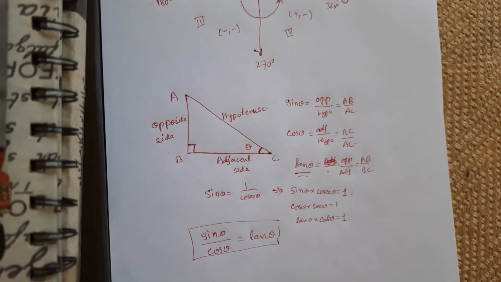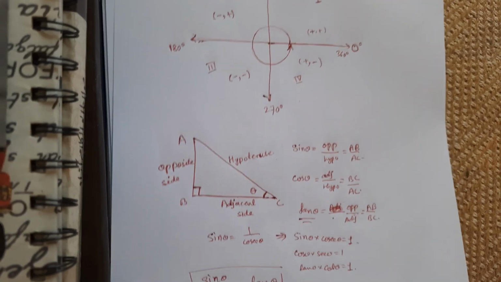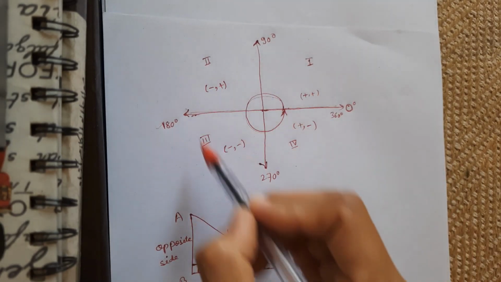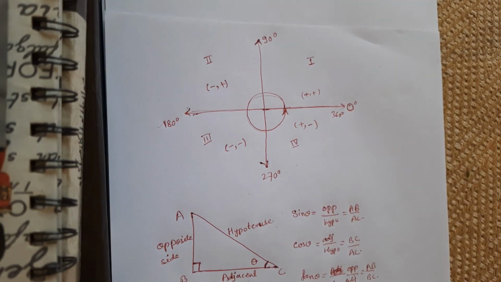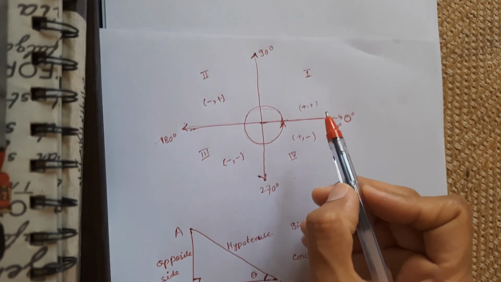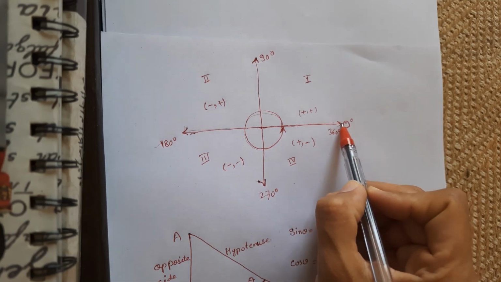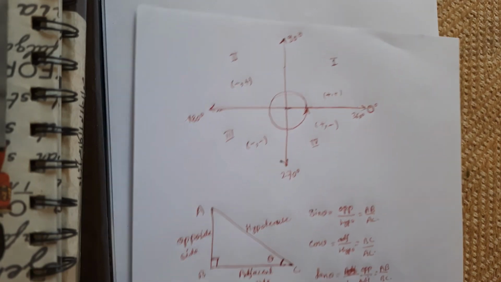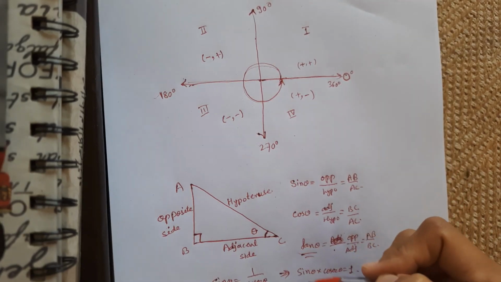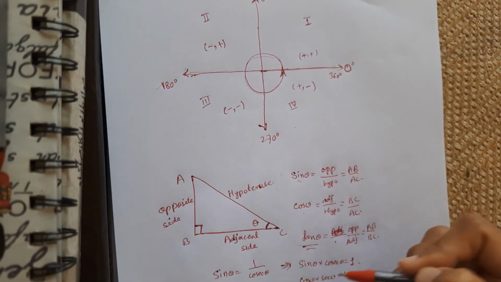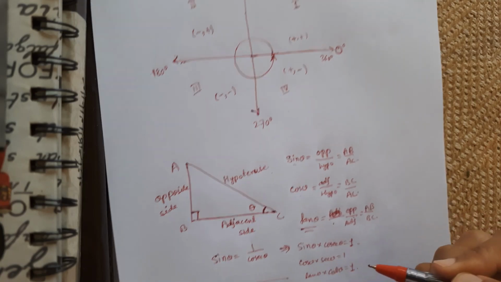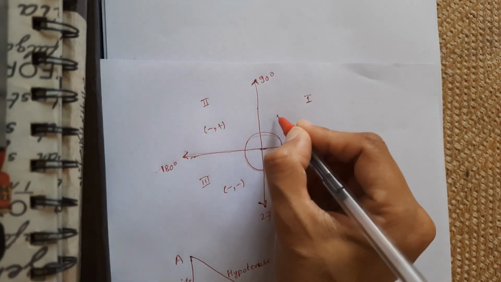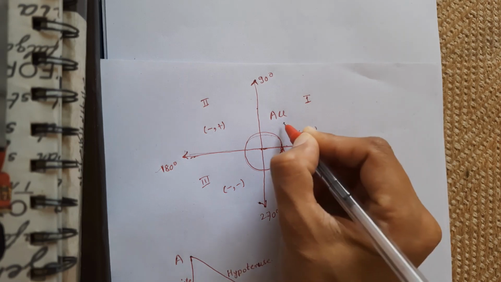Now I want to explain how the sign changes in this quadrant system as per the measurement. If you are measuring the angle between 0 to 90 degree, in this quadrant all 6 ratios, sin, cos, tan, cosec, sec and cot, are positive.